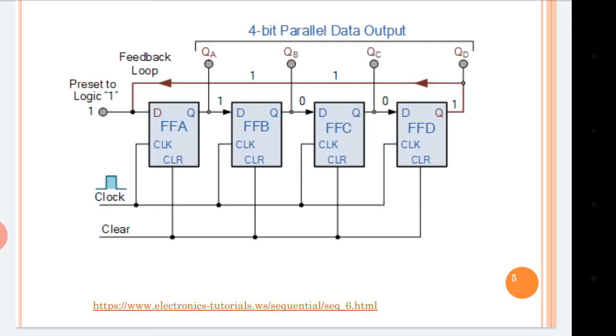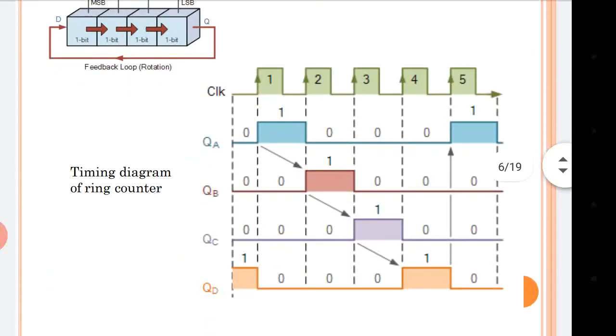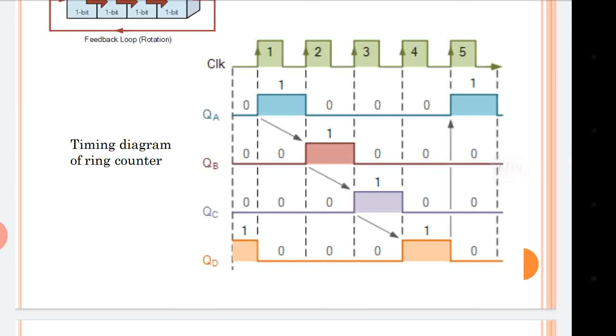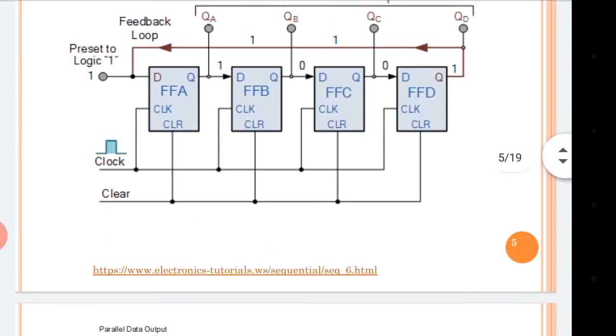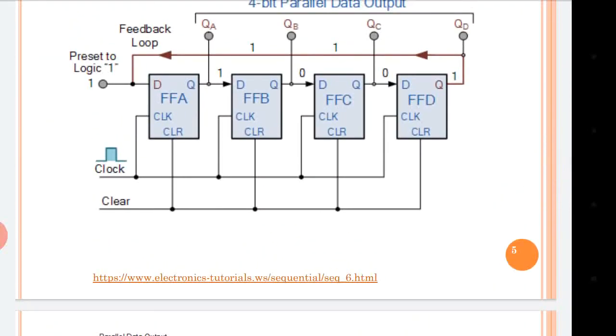So now what will happen, you will observe for the first rising clock pulse as shown over here, QA is 1 and QB, QC, QD are 0. As QD is 0, you will observe in the diagram the last output QD is connected to the first input. So QD is connected to DA, that means QD is 0, that is why DA will be 0.